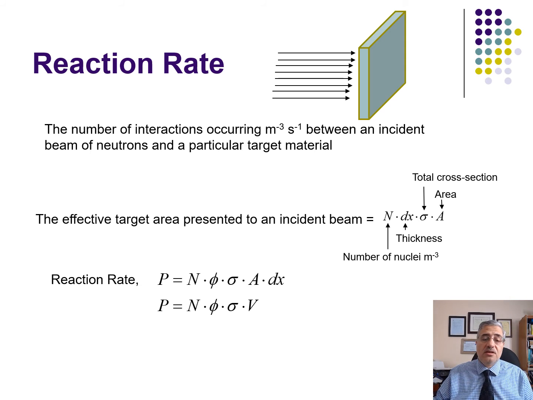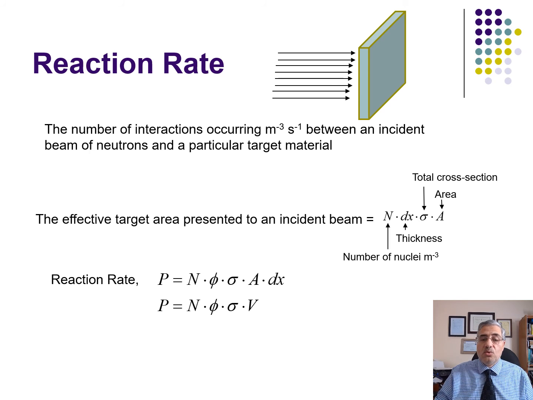The reaction rate depends on the number density, the number of nuclei per unit volume of the target. It depends also on the flux coming to the target, the number of neutrons per centimeter square per second, on the probability of interaction of this neutron at a certain energy with this target, and on the volume of the target.